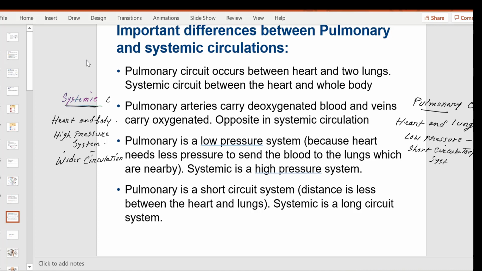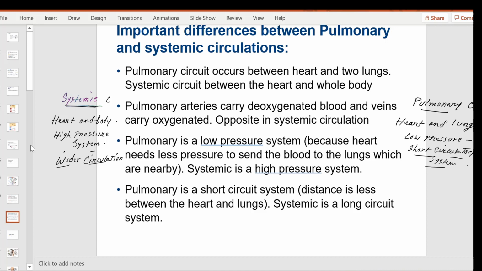So this is a wider or broad or long circulatory system because it is between the heart and the whole body, and this is a short circulatory system because the lungs are very close to the heart, so between the heart and the lungs.